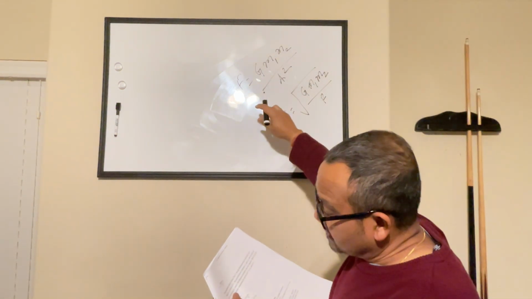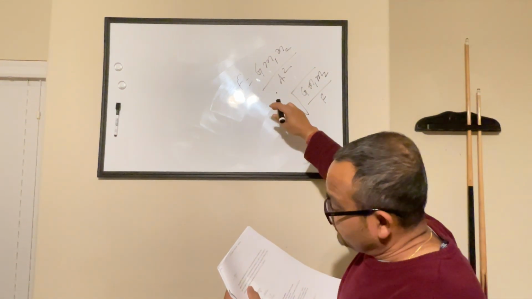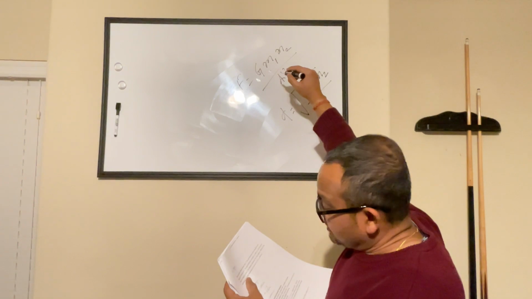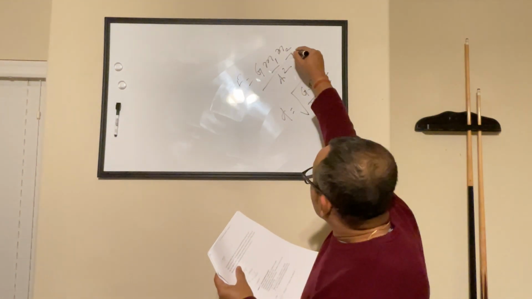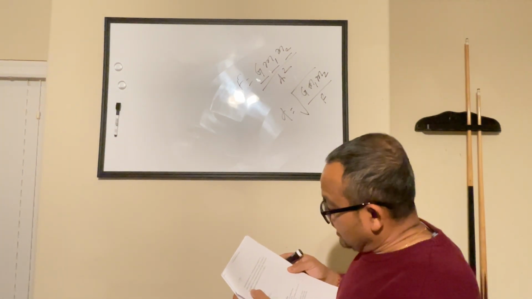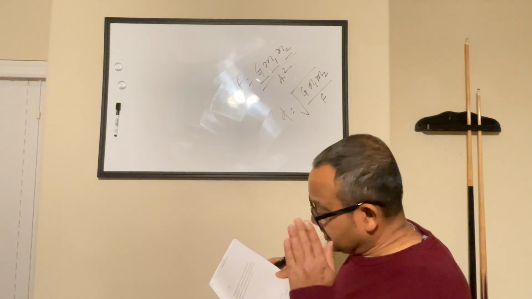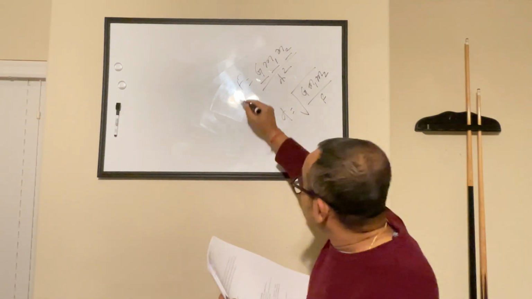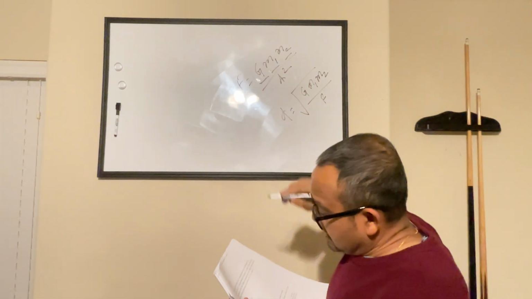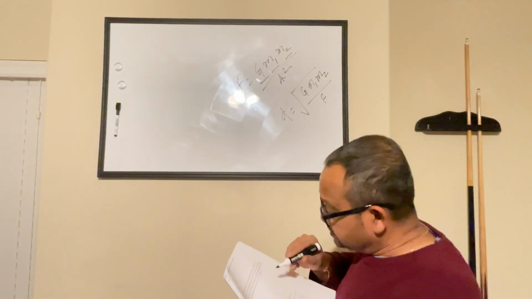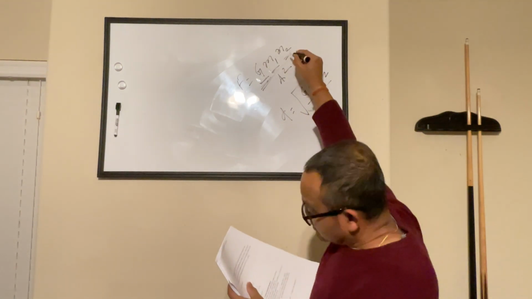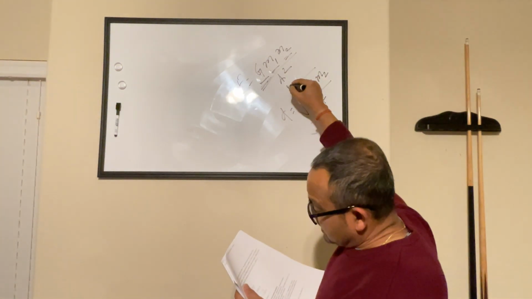The equation above shows F, the gravitational force between two objects, in terms of G, the gravitational constant, m1 and m2, the masses of the two objects, and D, the distance between the two objects.